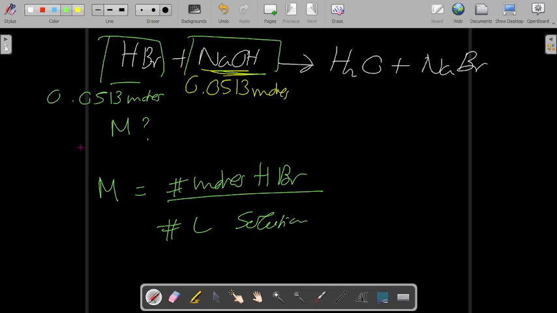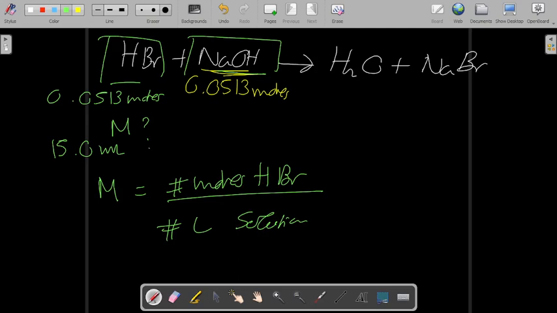Remember that we had 15. I think that's what the problem said. Let me look at it again, but I think that's what it said. Going back to read it. Yeah, they give us 15.0 milliliters. Well, I do have the number of moles, but I don't have liters of the solution because I had milliliters.